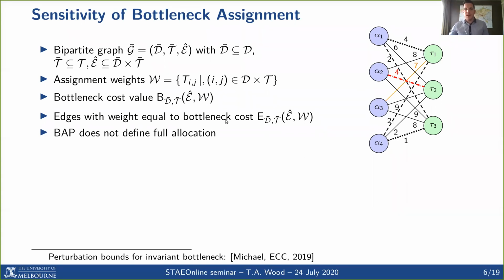So we see this is not unique, and minimizing the bottleneck cost does not define the full assignment. The objective function of the bottleneck assignment problem does not capture the values of the edges that are not the bottleneck itself.